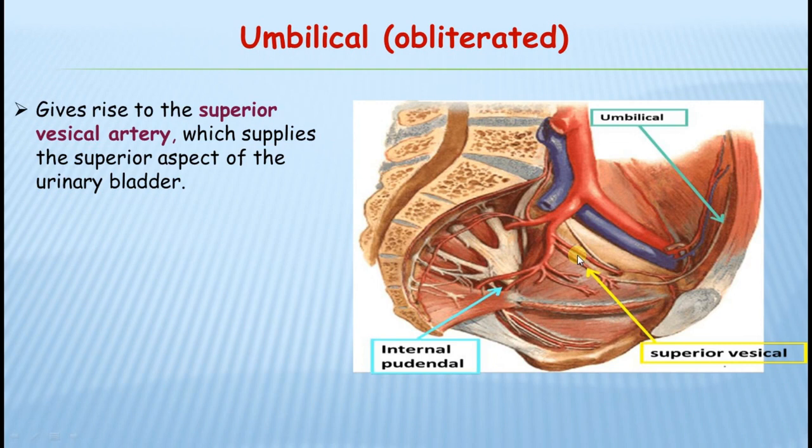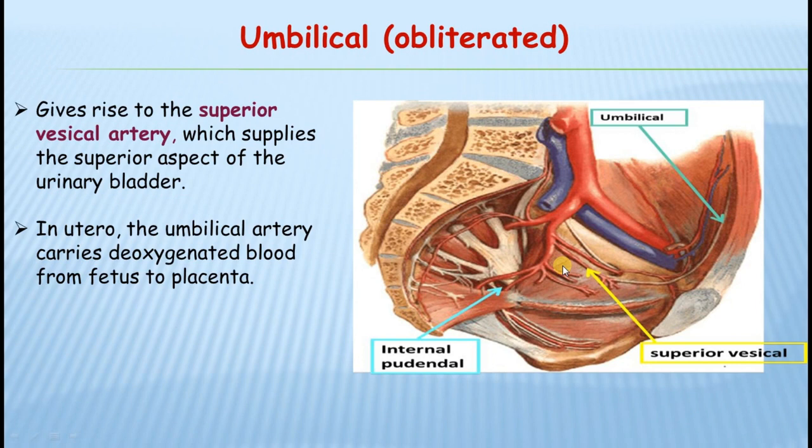The superior vesicular artery mainly supplies the upper part of the urinary bladder, and one of its branches accompanies the vas deferens and then reaches the testis to anastomose with the testicular artery. So it mainly supplies the upper surface of the urinary bladder. That is the superior vesicular artery.